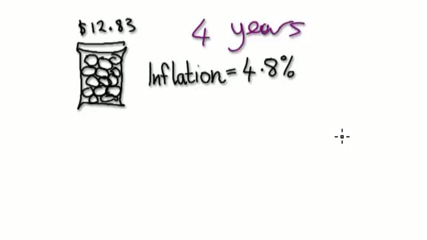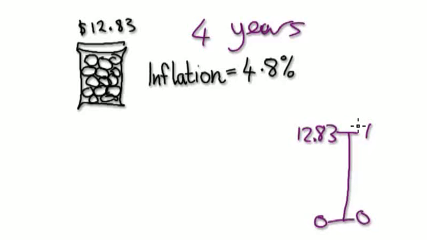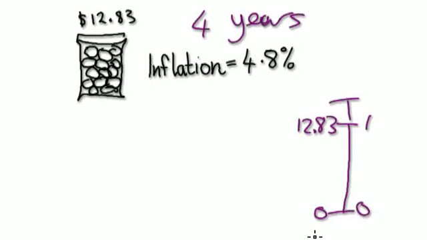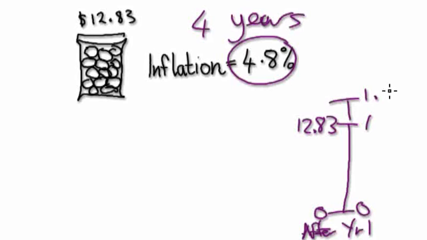So original, year 0, 1. At year 0, our original is $12.83. At the end of year one, inflation is 4.8%, so it will cost more.